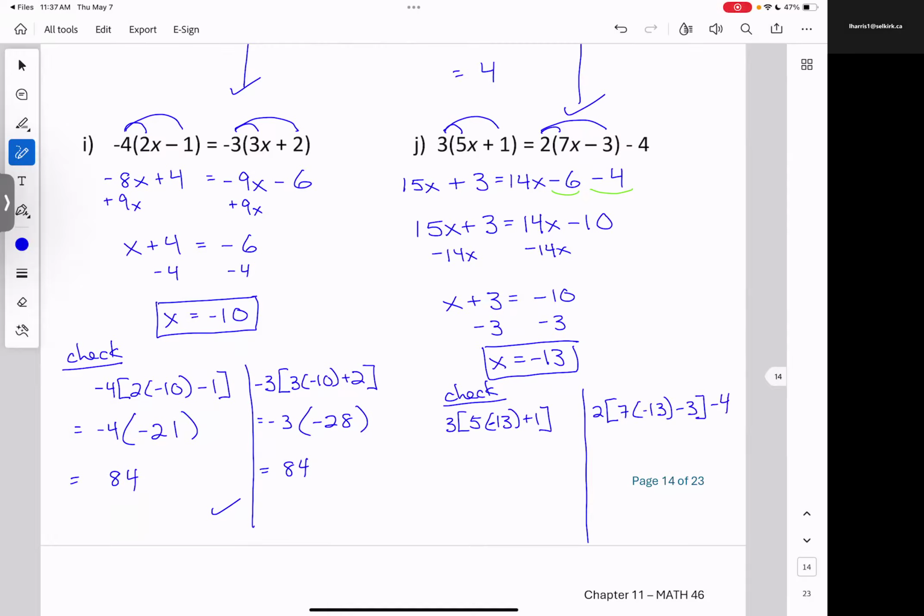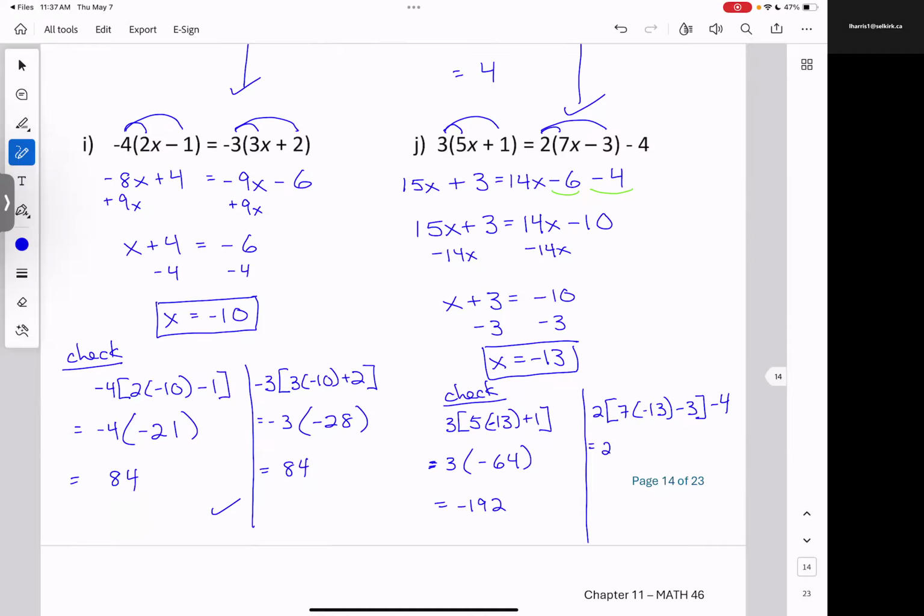Okay, and feel free to use your calculator. If you do it all as one step, just make sure you have brackets after that 3. I'm going to do it as 2. So 3 times, and then I'm going to punch in 5 times negative 13 equals plus 1 equals, and I get negative 64. And so on the left then, I get negative 192.